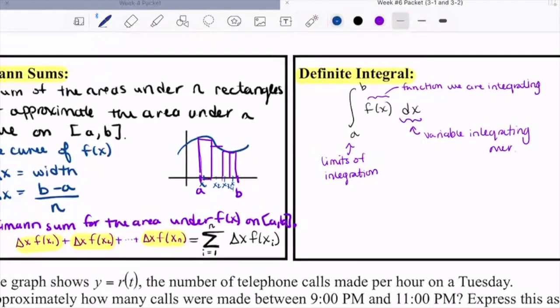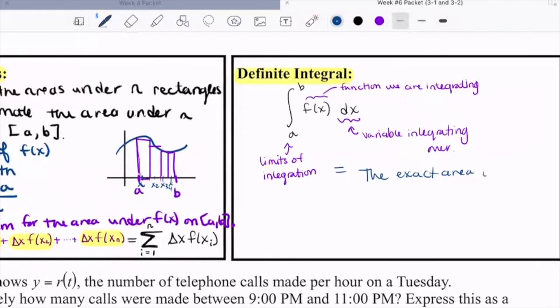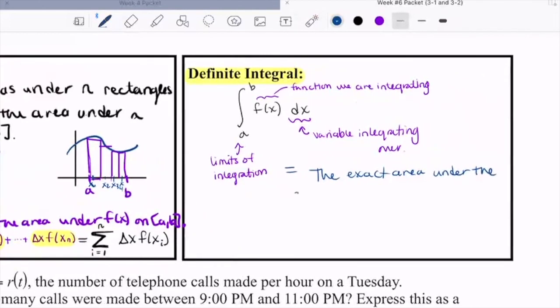So what is this whole object that I just wrote down? Well, this is a number when we have these limits of integration, and it's equal to the exact area under the curve of f of x from a to b.